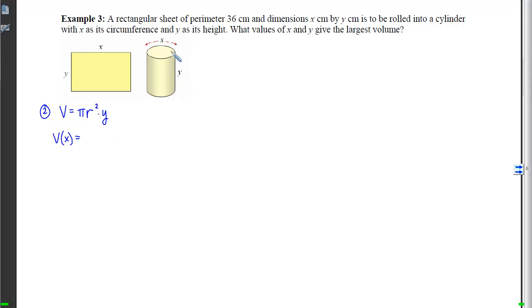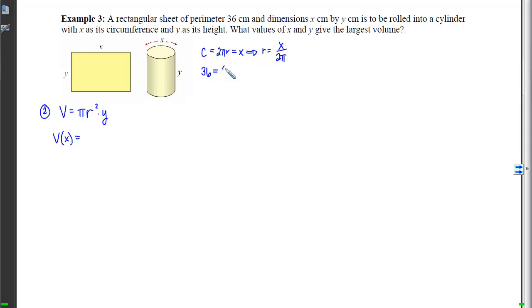If we look at the r, that's the radius of this cylinder, and we know that x is the circumference. So I have the circumference is 2 pi r, and that's the same as x. That enables me to isolate r and get it written in terms of x. We also know that the perimeter of the original rectangle is 36.